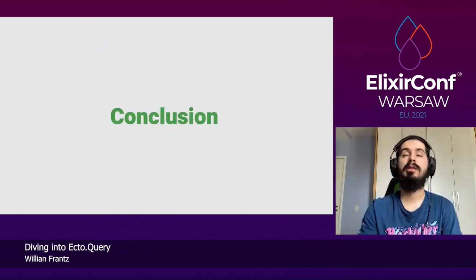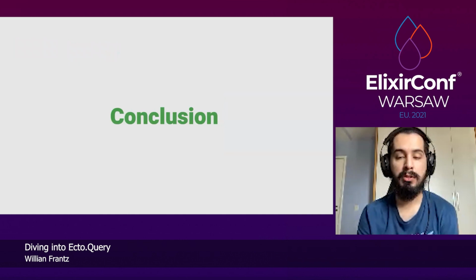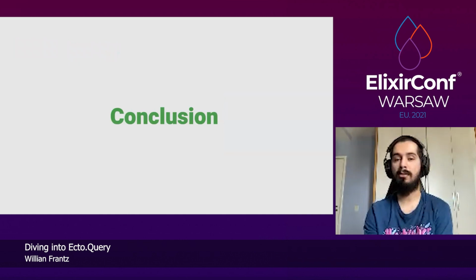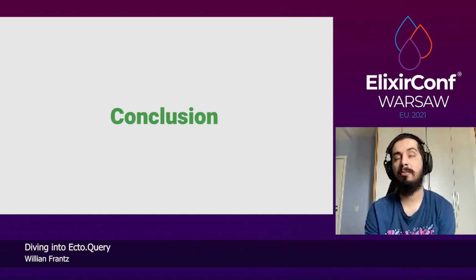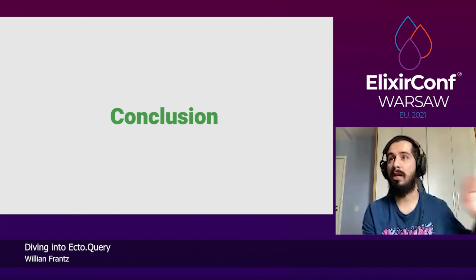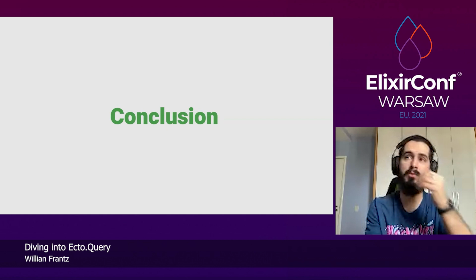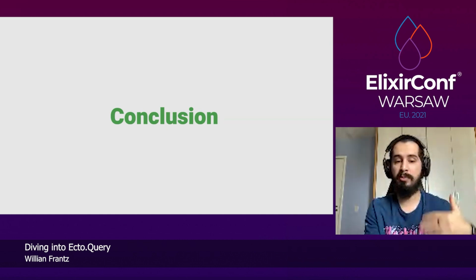So I guess the conclusion that we could take from this is that Ecto.Query is something really unique and complete. We can build pretty much any query we want to, and we can go from complex business queries, going to the database, joining with multiple tables, doing a lot of processing.